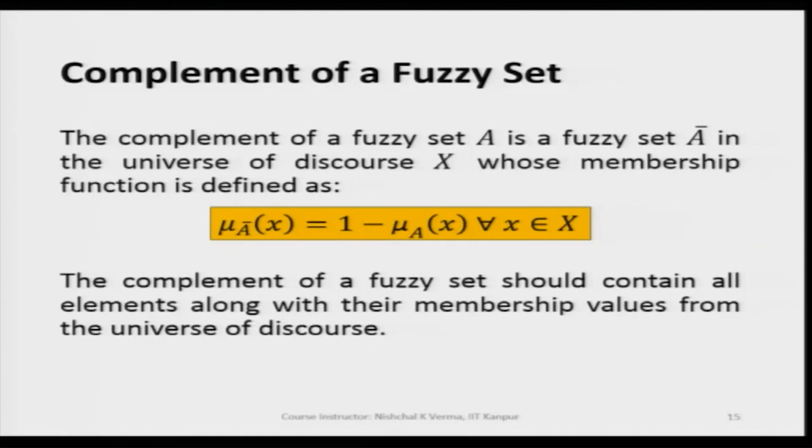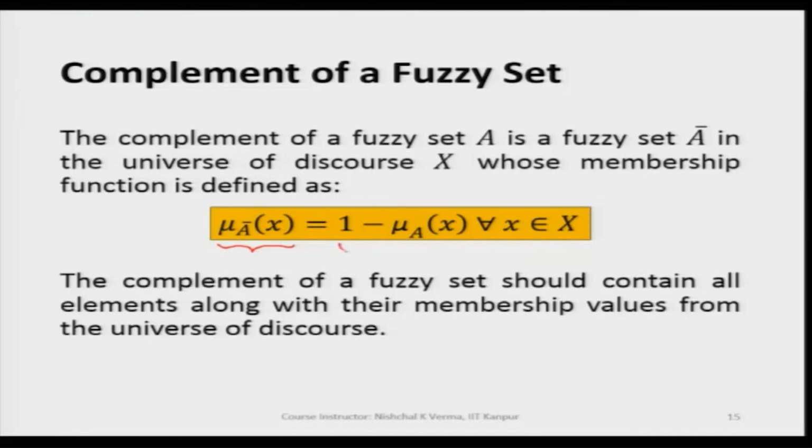If we have a fuzzy set A, then the complement of fuzzy set A will have its membership values corresponding to the generic variable values defined as mu A bar x. You see here mu A bar x, and all the corresponding membership values of the fuzzy set A will be subtracted from 1.